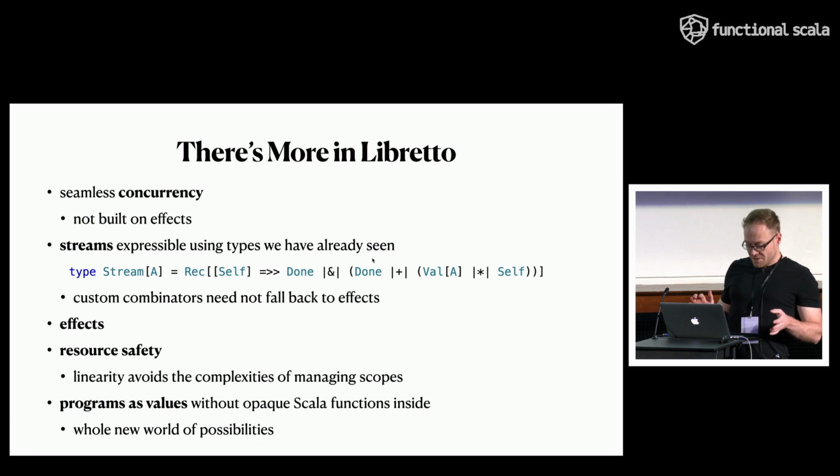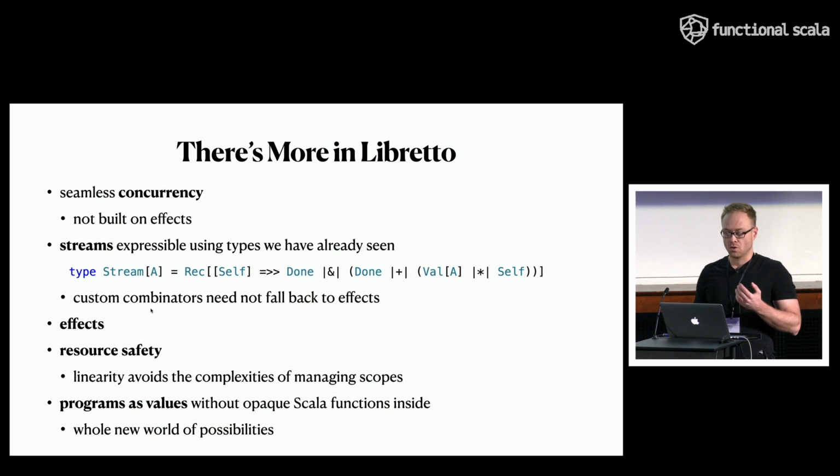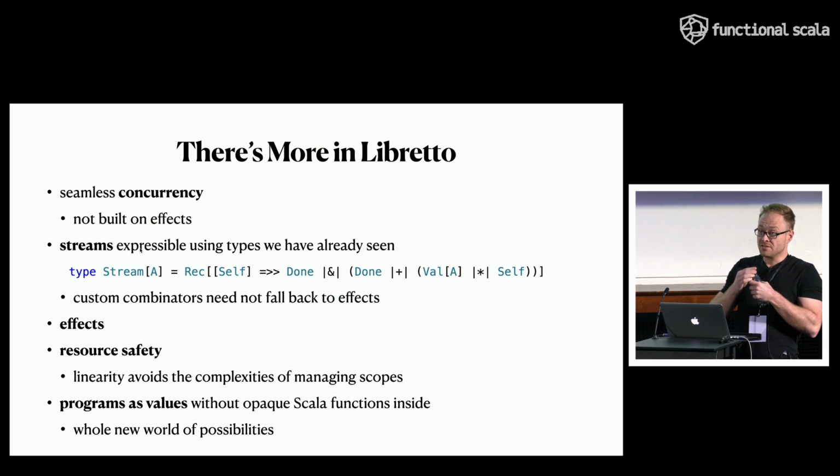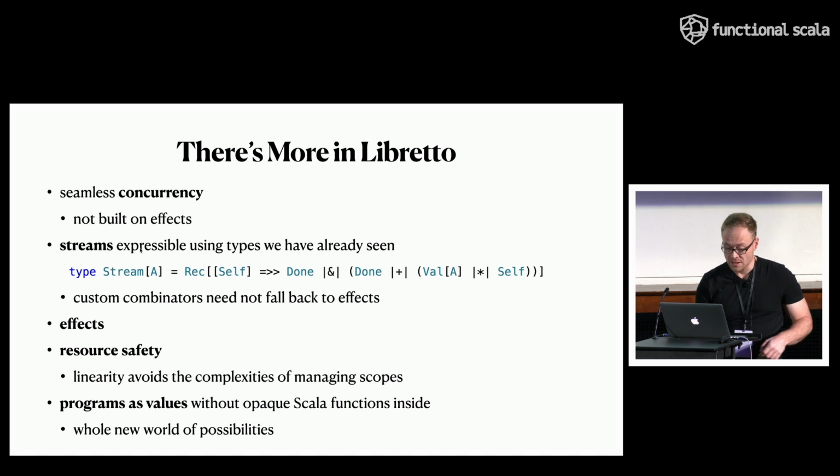But you can use effects with Libretto. They just don't contaminate orthogonal concerns like concurrency or streams. Resource management is very simple when you have linearity. You avoid all the complexities of managing resource scopes.